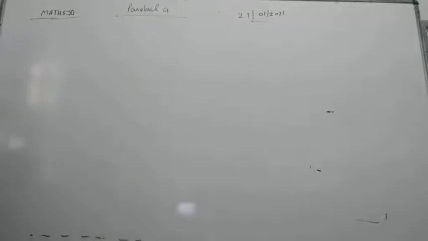Our next question is: the focus of a parabolic mirror, as shown in the figure, is at a distance of 6 centimeter from its vertex, and if the mirror is 20 centimeter deep, then find the distance LM.